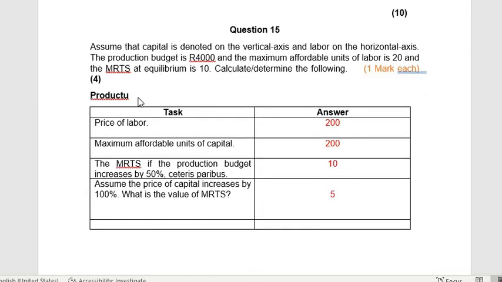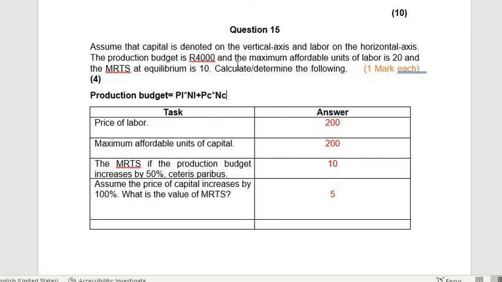So now to calculate each of the different things that they want here. First of all, I'm just going to explain how to use the information given to answer the question. The first thing is that your production budget is equal to the price of labor multiplied by the number of labor units, plus the price of capital multiplied by the number of capital units that you are using.